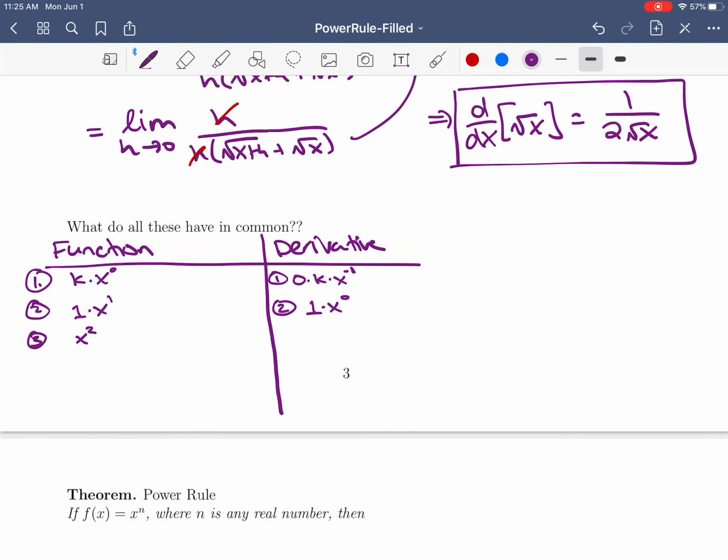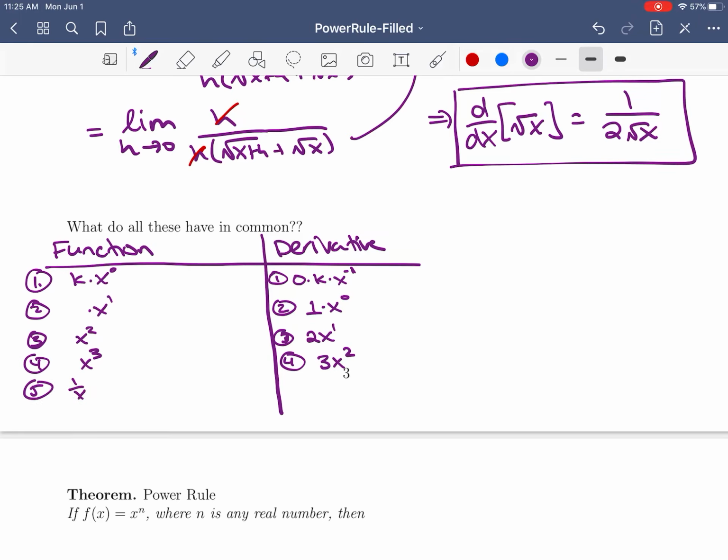When we had x squared, I guess I didn't need this 1 here. When we had x squared, we got the derivative 2 times x to the 1. When we had x cubed, we got 3x squared.